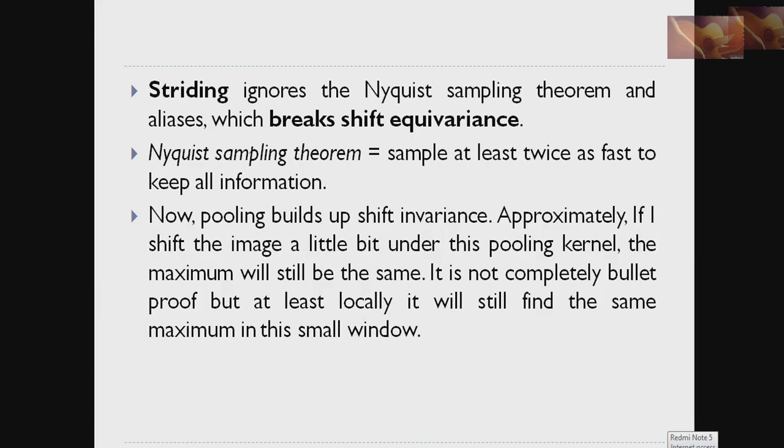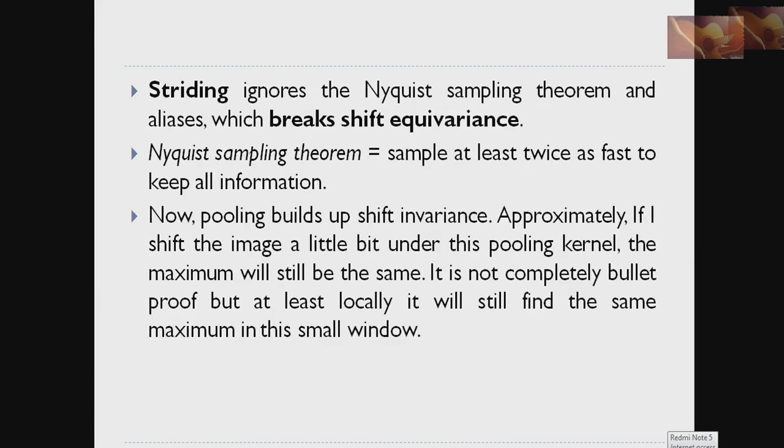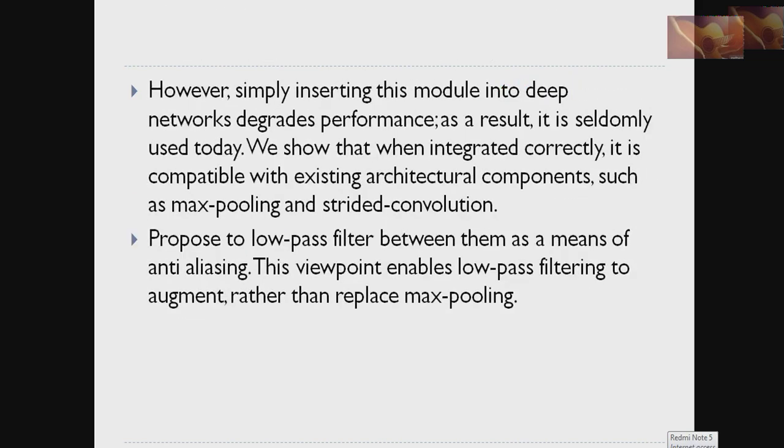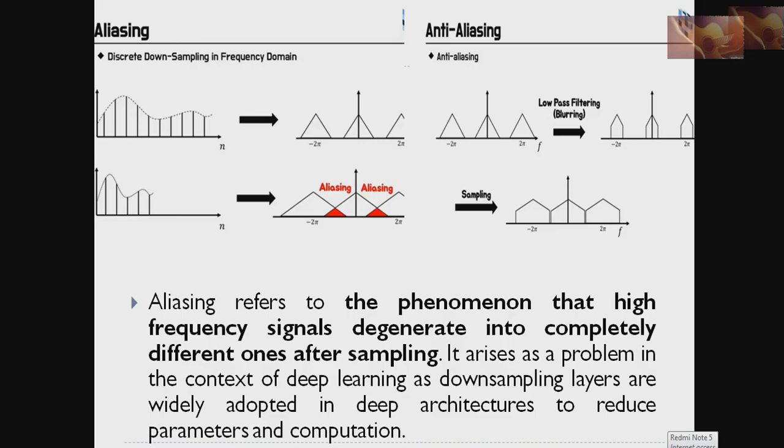I don't have the images here, but you may know the aliasing effect. I will show you in the paper. Here you see this sample is interfering with this, and you will get a different frequency altogether. So that is the problem: the final image has a different frequency.